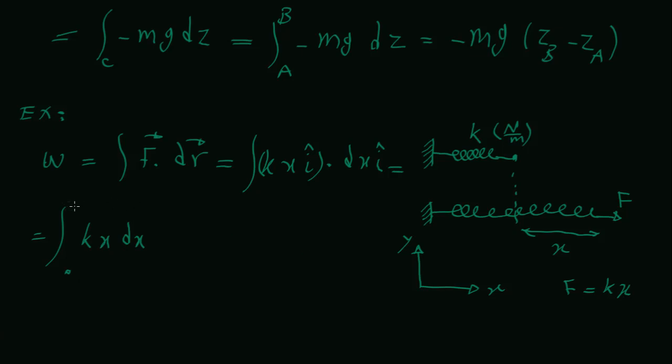It's better to use another argument here, and then we can substitute it by x. So let's say x equal to u here. Let's say that this stretch is just equal to u. So we are going from x equal to 0 to x equal to u. So we have 1 over 2 k u squared.